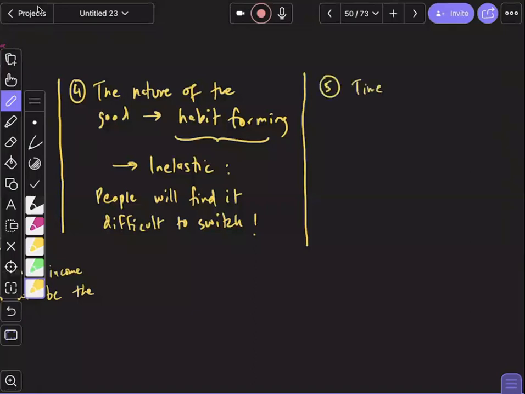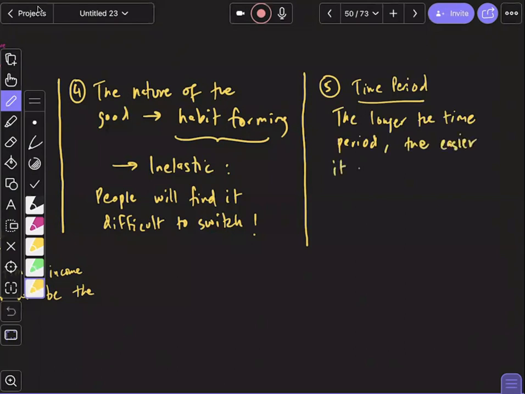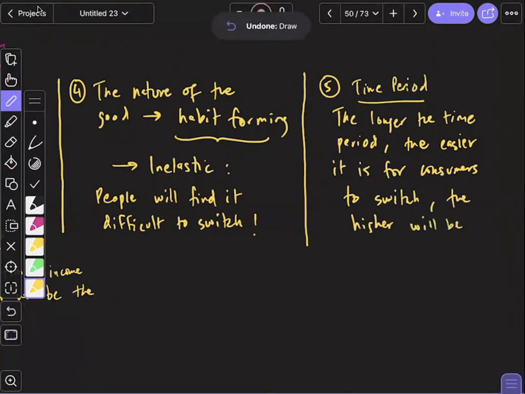The time period argument is simply that the longer the time period involved, let me write this, the longer the time period, so for example, if I give you a few days versus a few months, the longer the time period, the easier it is for consumers to switch, and so we argue the higher will be the price elasticity of demand, PED.